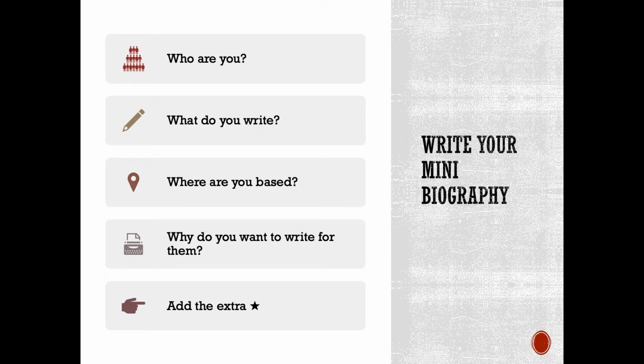Particularly, and this is where the tailoring comes in, if you are going to be pitching to a particular magazine, outlet, newspaper or website, say for instance you want to pitch to Rock Paper Shotgun, which is a gaming online publication, it could be that you already have written reviews, and they could be reviews of games.